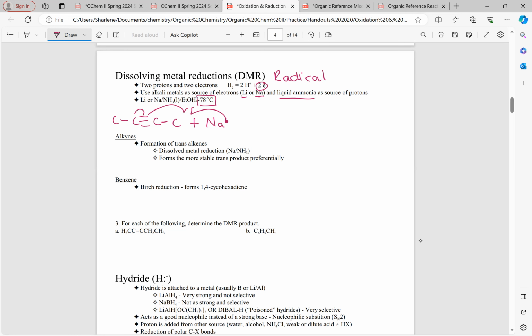And if you break the pi bond, one electron has to go in each place. So now I'm left with a vinylic, both anion and radical. Or I could have done it vice versa. I could have put the ion over here and the radical over there.